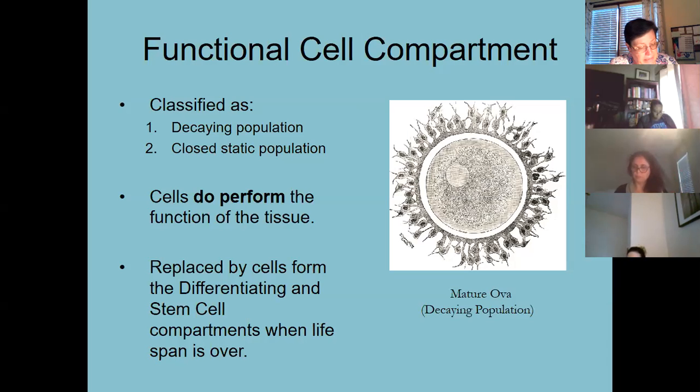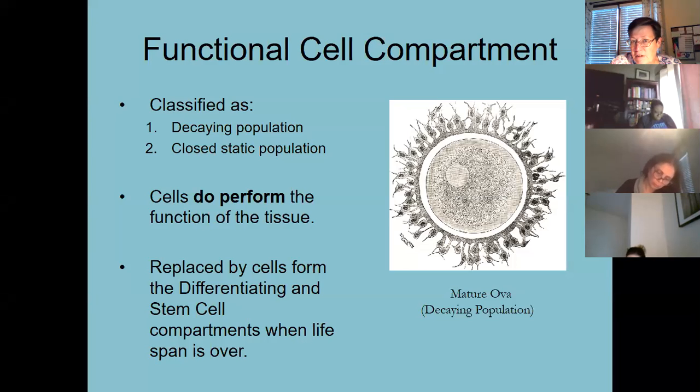Over their lifetime, perhaps 400 to 500 eggs will mature and will either be used to have a child, or they will just be removed if they're not used. So it's a decaying population. You're born with a certain number of eggs, and over your lifetime, that population decreases and you never get any new ones.